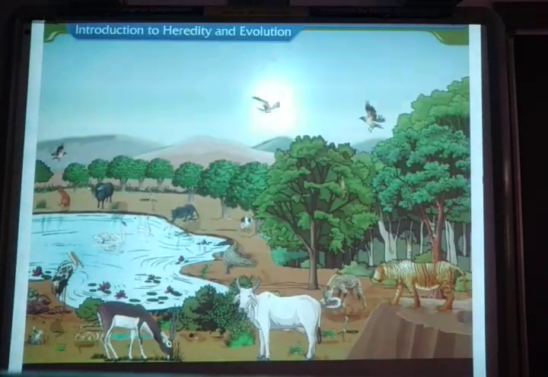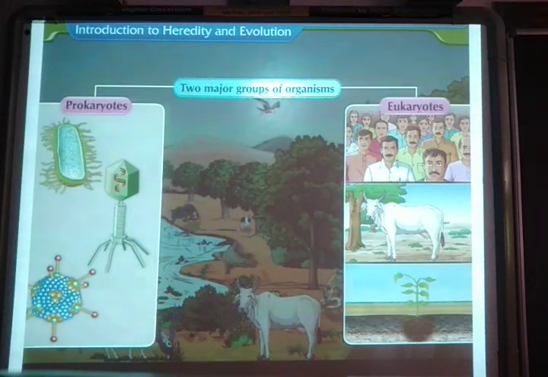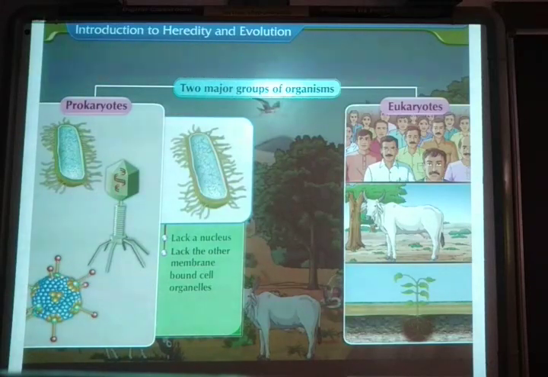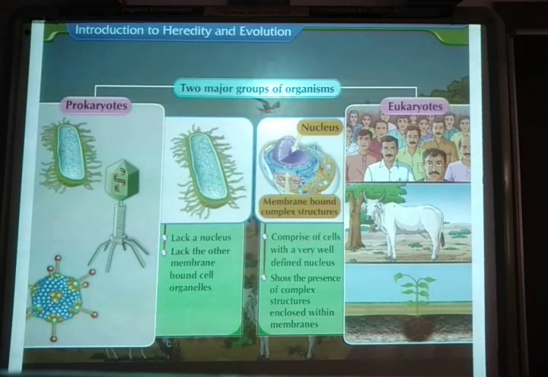The living world is composed of two major groups of organisms, namely the prokaryotes and the eukaryotes. Prokaryotes are a group of organisms that lack a nucleus and other membrane-bound cell organelles. Eukaryotes, on the other hand, comprise cells with a very well-defined nucleus and even show the presence of complex structures enclosed within membranes.